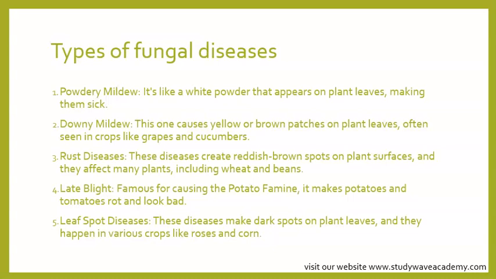2. Downy mildew. This one causes yellow or brown patches on plant leaves, often seen in crops like grapes and cucumbers. It can affect crops like grapes, causing yellow or brown patches on leaves. 3.